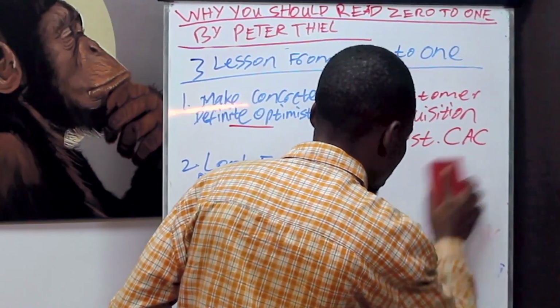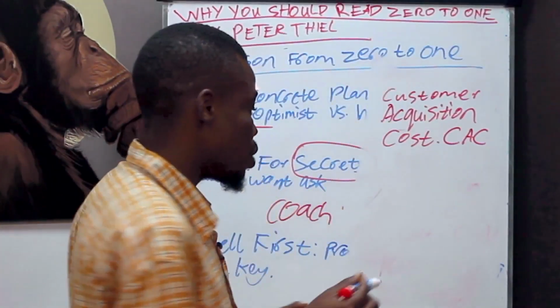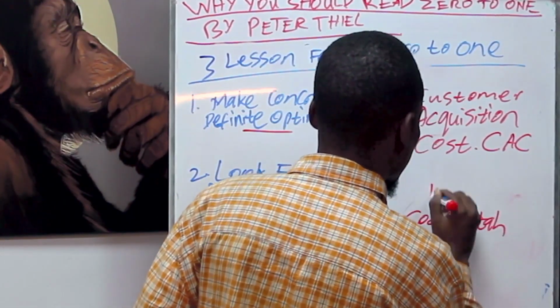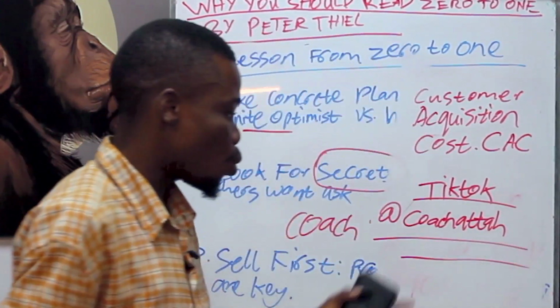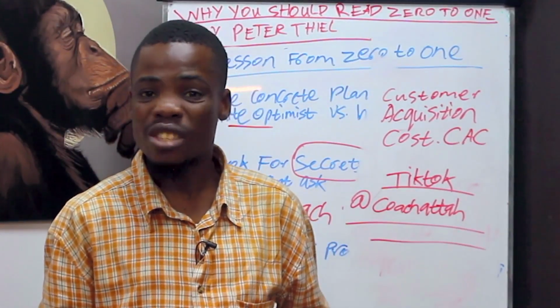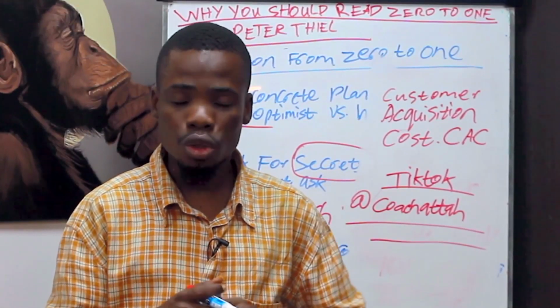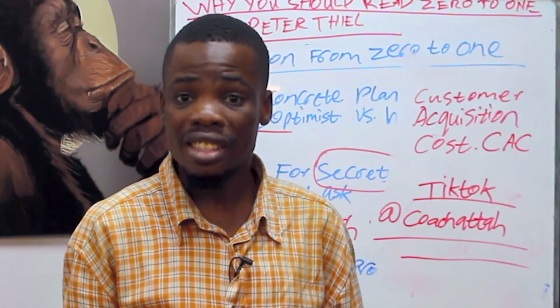So search for Coach Attah on TikTok. I've broken down the 22 Immutable Laws of Marketing there, and each video explains one of the laws. I'm sure you're going to enjoy it if you don't have time to read the book or don't have access to it.